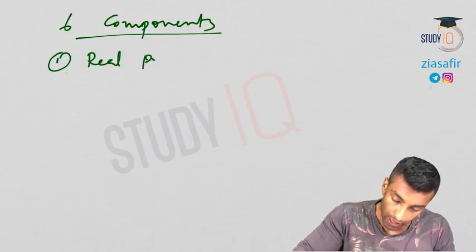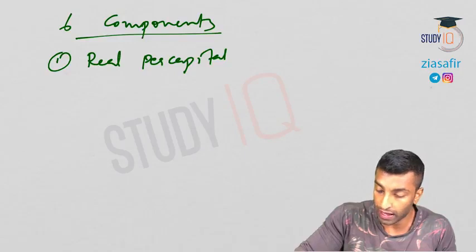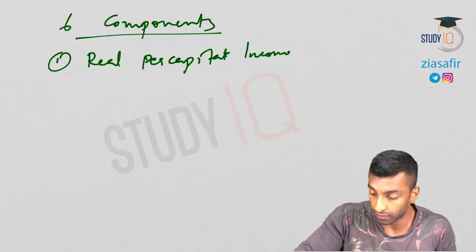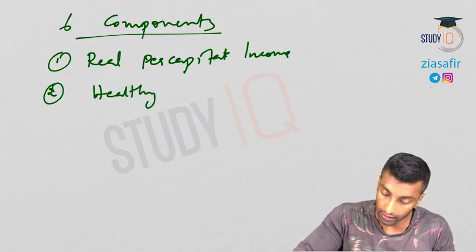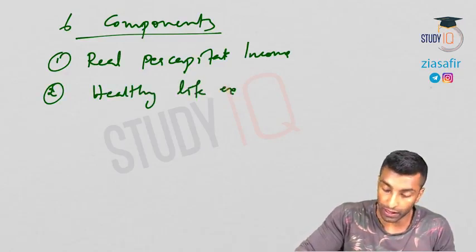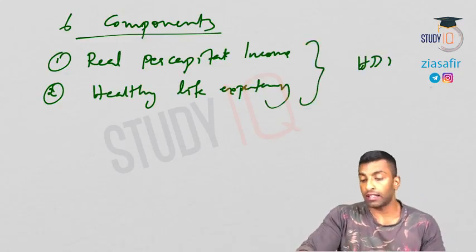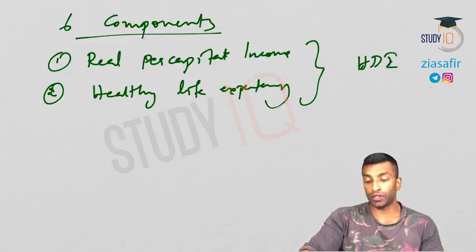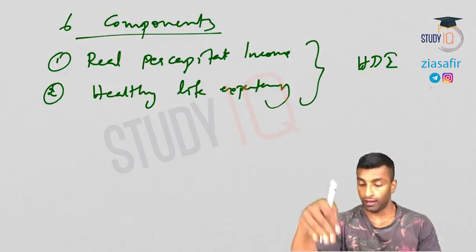First component, real per capita income. Second one, healthy life expectancy. And you can see these two are common in HDI also. The first 2 dimensions of HDI, IHDI, MPI, GDI, these 2 only.